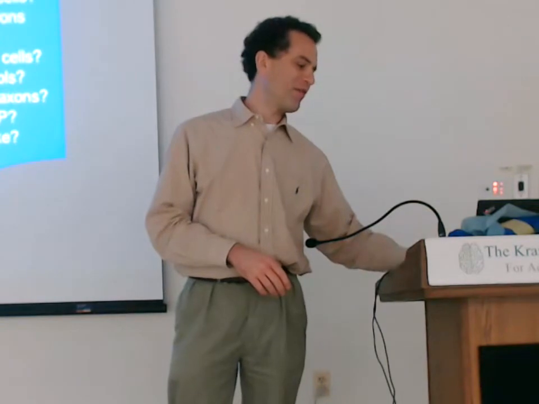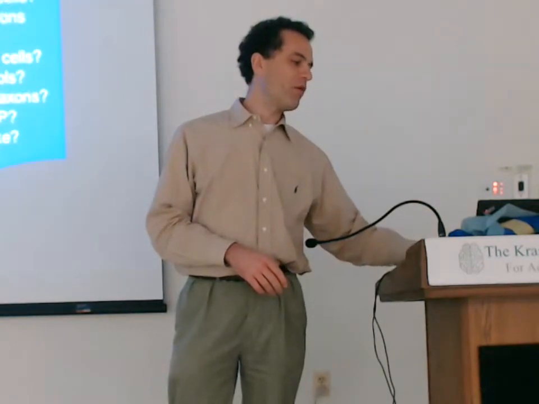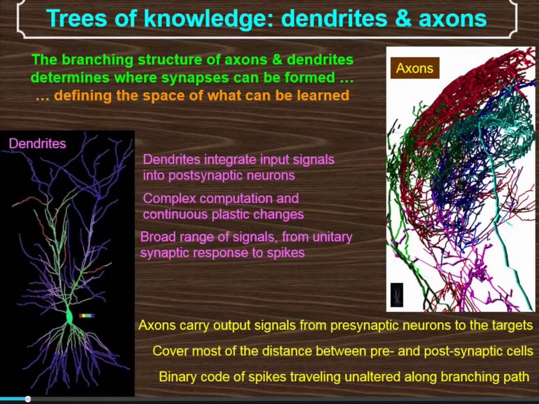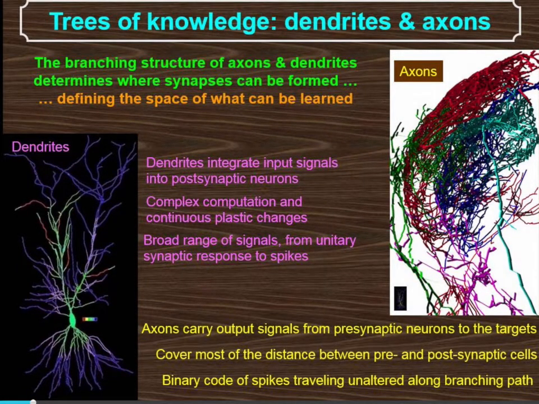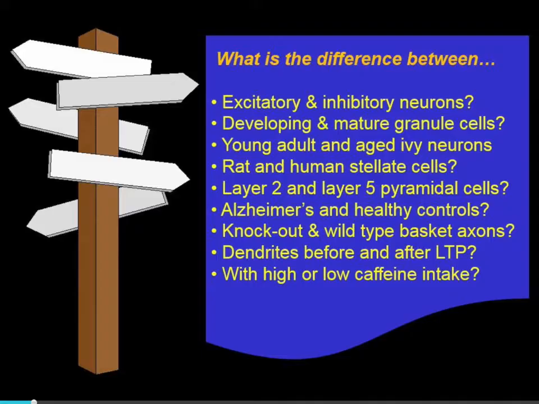Yes, this is perfect. Now, before we jump into the theory, I want to say that just based on this fact that dendrites and axons are known to do a lot of what the brain does, except at the cellular level, there is a whole lot of experimental and empirical science out there of people trying to understand and characterize these neurons and what they do, and get some gleaning of information about what the function could be, but also what goes wrong during disease or other conditions. So people ask these questions about the morphology of the neurons, the structure of these trees, and they say, is there a difference between the excitatory and inhibitory trees, the trees that carry out excitation or inhibition? Is there a difference in when neurons develop and mature?